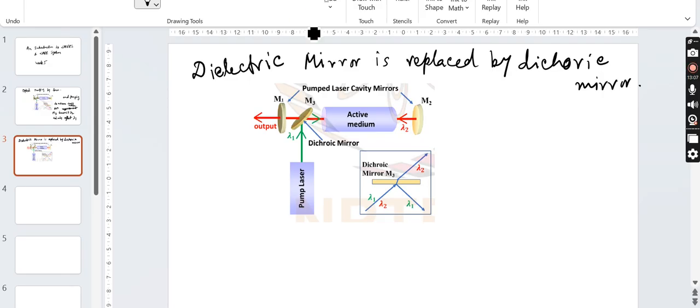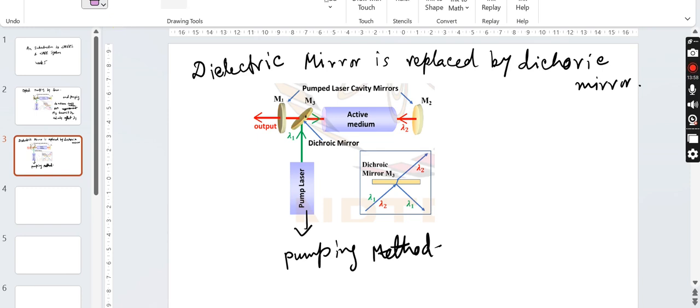Mirror three allows the desired output wavelength to reach mirror M1 from this area. We use a laser to pump the laser medium to achieve a lasing action.